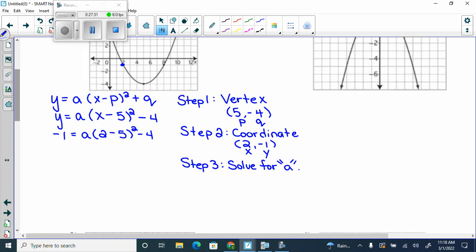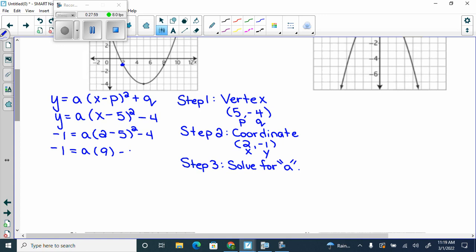I'm going to get -1 equals A. 2 minus 5 is -3. -3 squared is what? +9. If in your calculator you go -3 and you don't put it in brackets and you square it, it's going to tell you it's -9, which is wrong. Okay? So if you want to type it into your calculator, you have to make sure you use brackets. So -3 squared is 9.